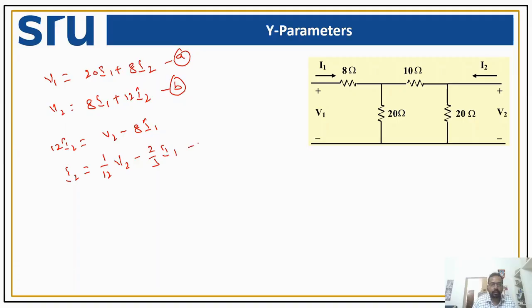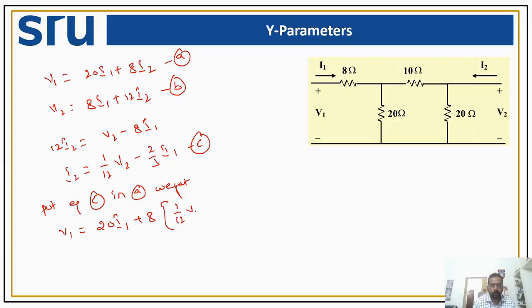So let us substitute this equation C, put equation C in A, we get V1 equal to 20 I1 plus 8 into 1 by 12 V2 minus 2 by 3 I1. So if you observe here, we got V1, V2 and I1. So let us again rearrange these equations.